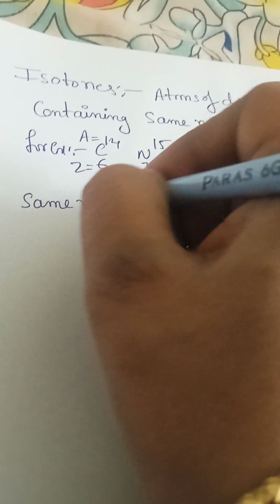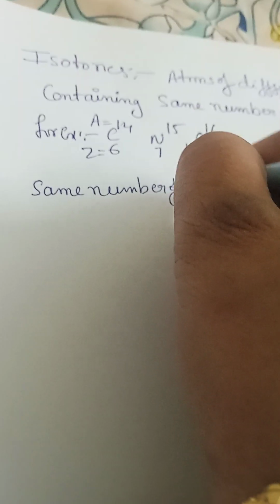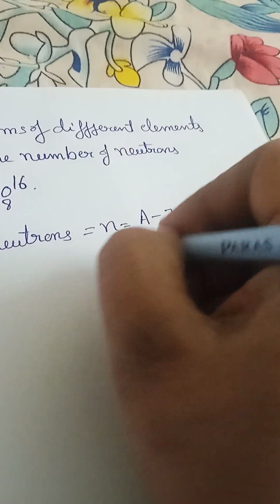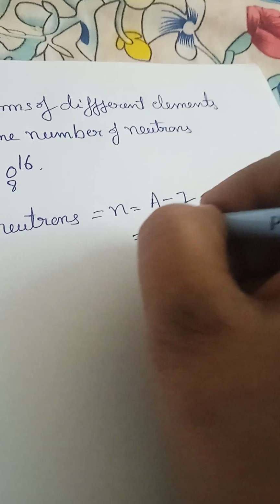Here Z is 6, A is mass number 14. So same number of neutrons, N is equal to A minus Z. A is 14, Z is 6.